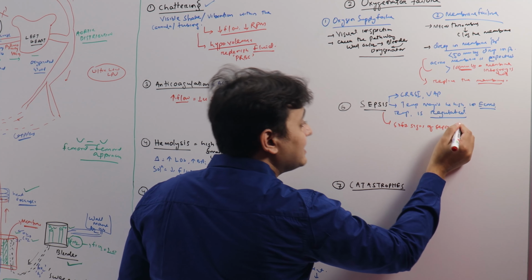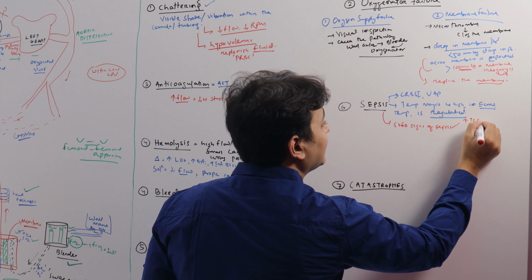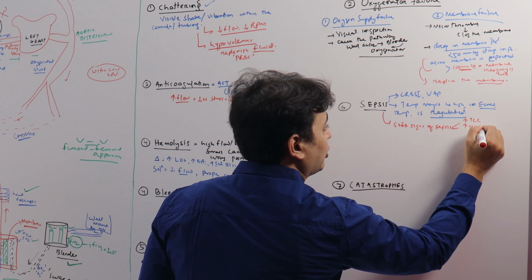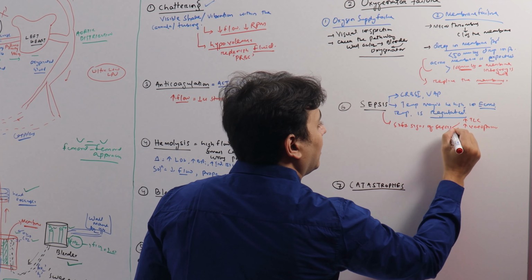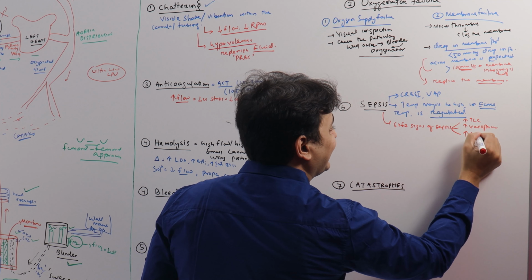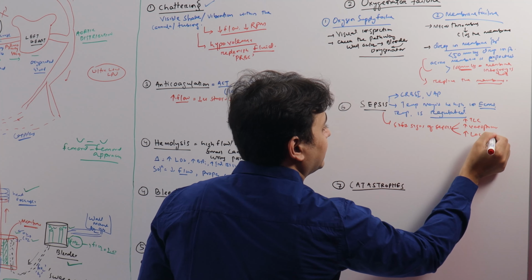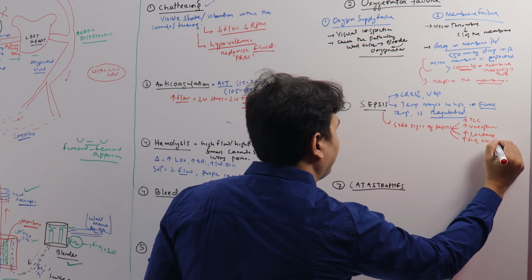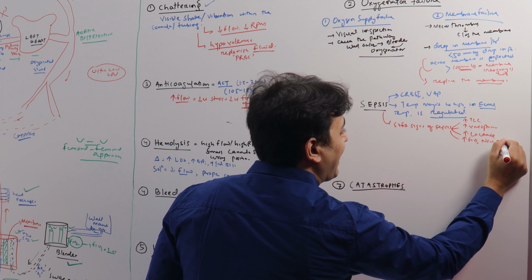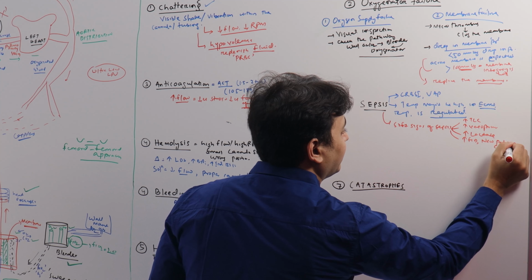So you have to see if there is an increase in TLC, increase in vasopressor requirement, or there is increase in lactate, right? Or there is increase in FiO2 requirement, or there is a new patch in chest X-ray. Right?